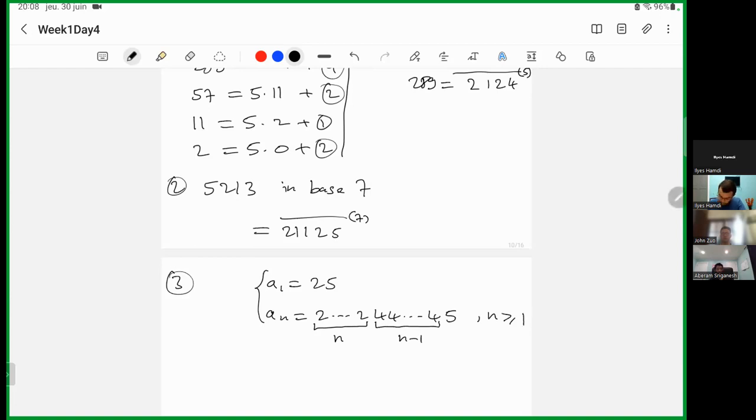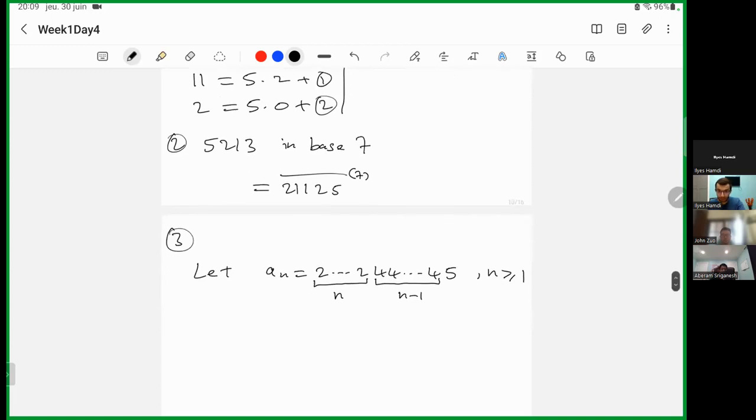So this is how I define this sequence. And the question is to write down every element an as the sum of 2 squares.